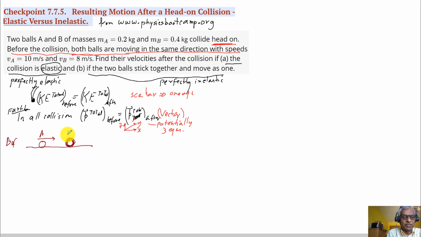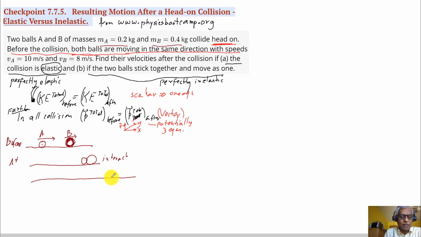Let me draw a bigger picture for B and a smaller one for A. This is the before situation. A will catch up to B, and somewhere here A and B will interact. This is the moment of collision.